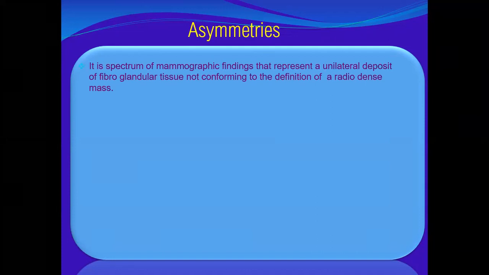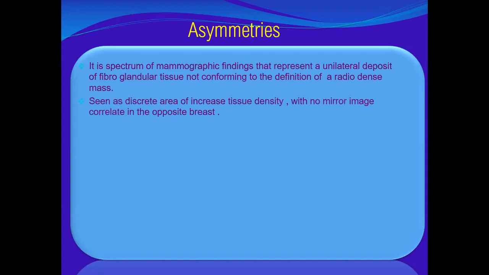So it is a spectrum of mammographic findings representing unilateral deposit of fibroglandular tissue, not conforming to the definition of a radiodense mass, seen as a discrete area of increased tissue density with no mirror image in the opposite breast.